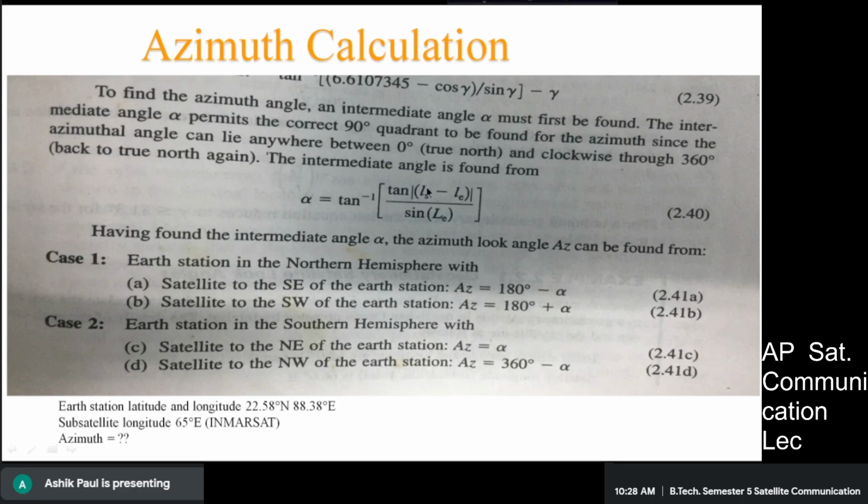So from these values, you get a value of this alpha. And if your station is in the northern hemisphere and the satellite is southeast of your Earth station, then the azimuth becomes 180 minus alpha, the intermediate angle. And if the satellite is southwest of the Earth station, it becomes 180 plus alpha.